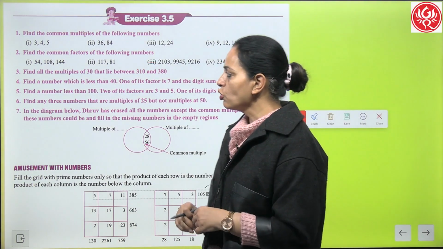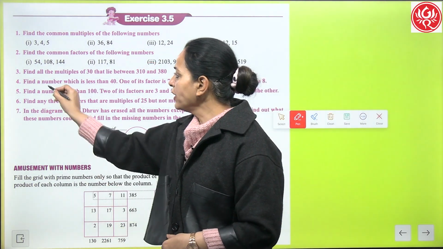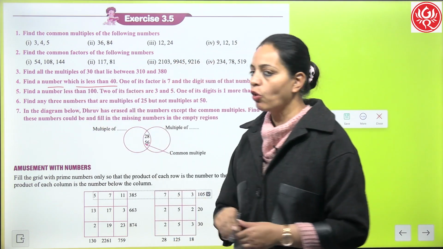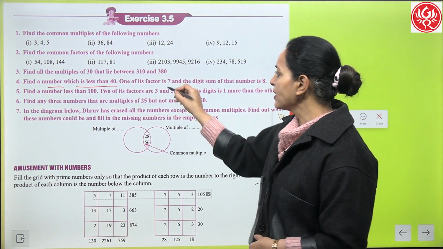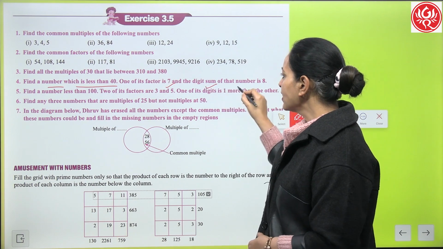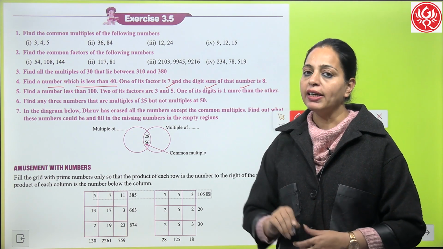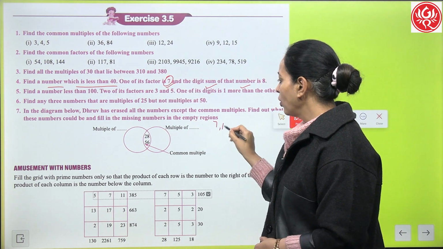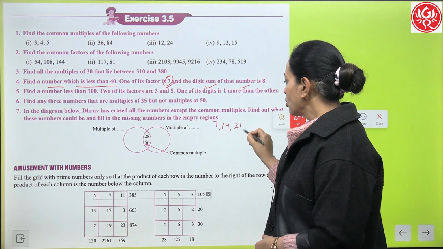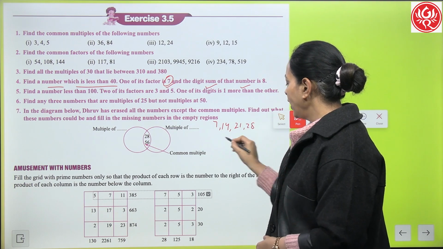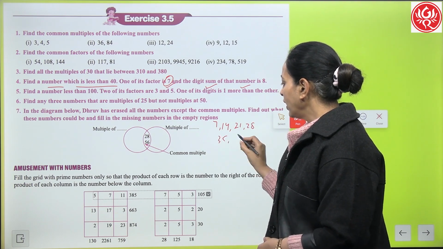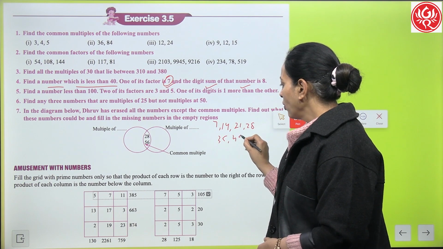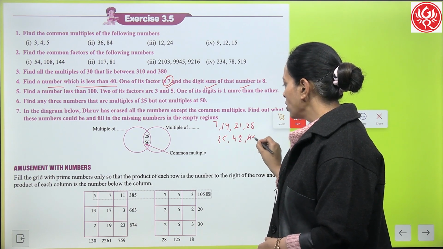Now come to the next question, question number 4. Find a number which is less than 40. One of its factors is 7 and the digit sum of that number is 8. Now see the multiples of 7: 7, 14, then 21, then 28, 35, then here we have 42, then 49.